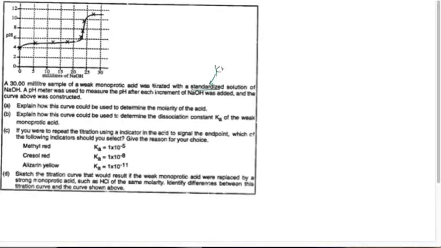This is our known concentration. So, titrated with a standardized solution of sodium hydroxide. A pH meter was used to measure the pH after each increment of sodium hydroxide was added, and the curve above was constructed. The first question: explain how this curve could be used to determine the molarity of the acid.